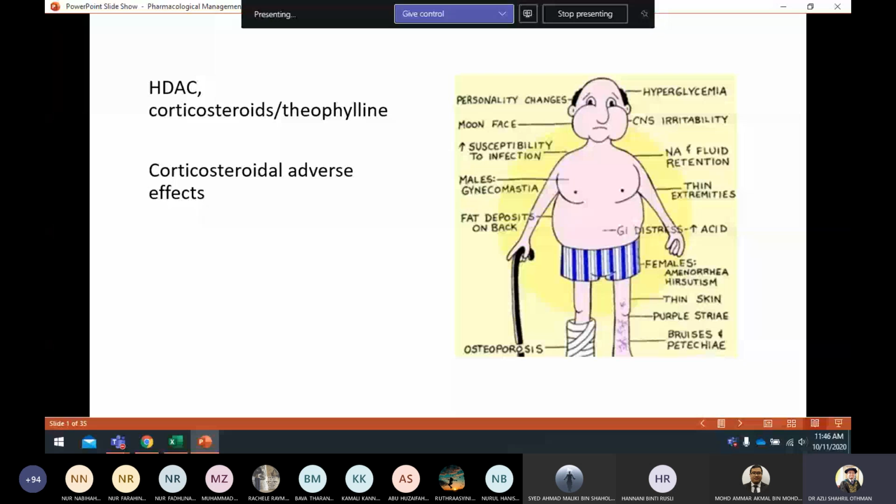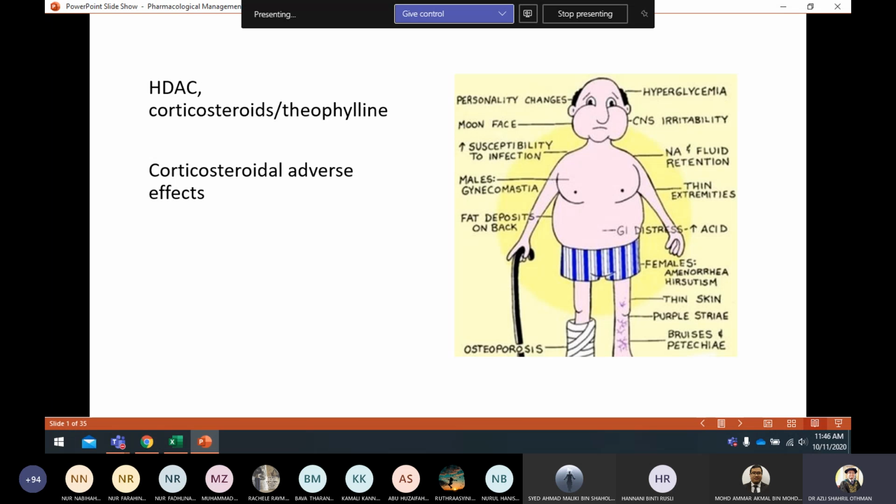Okay, so similarly in the skin, you get thin skin and also thin extremities. Is it because of an anti-anabolic or catabolic effect there? So it's pretty much the same mechanism, and you do need to be able to explain that. Some other things are probably a little bit more long-winded in the explanation.